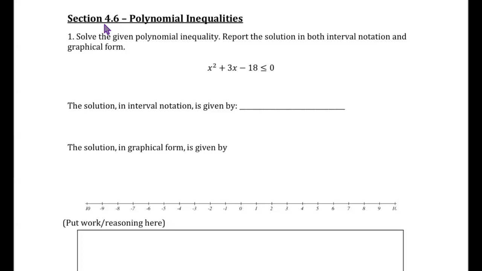Now, the first thing that you want to do, when you're looking for the solution of an inequality where you have a polynomial function, is to determine whether you are looking for when the expression is greater than 0, expression less than 0, greater or equal to 0, which will include the values for which it equals 0, or less than or equal to 0.